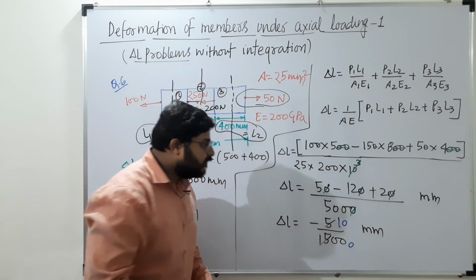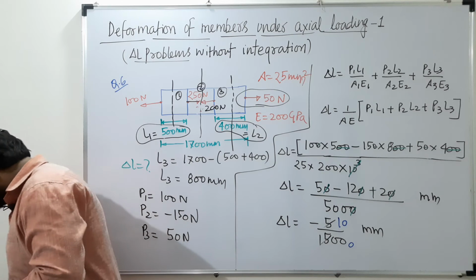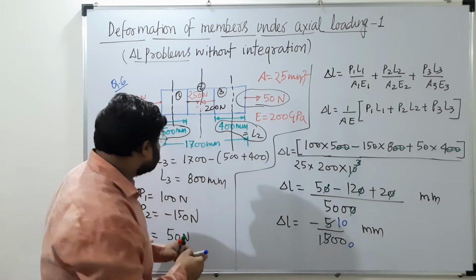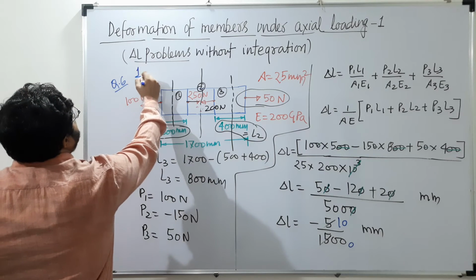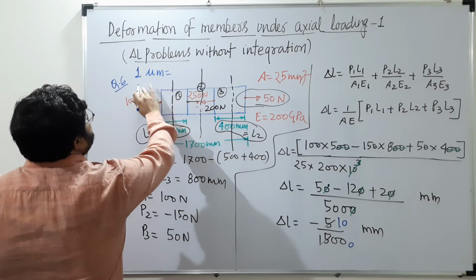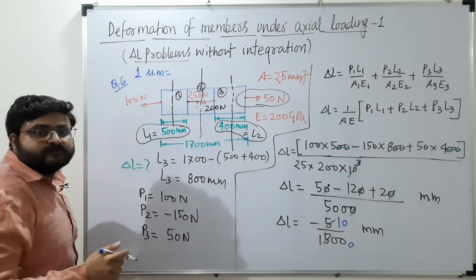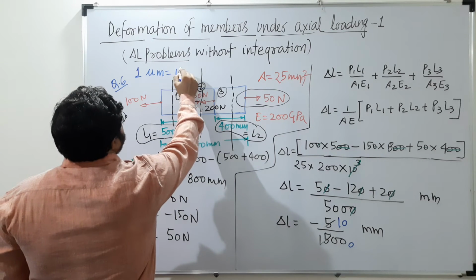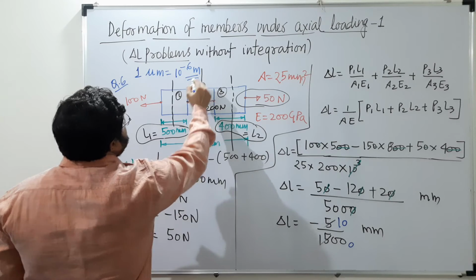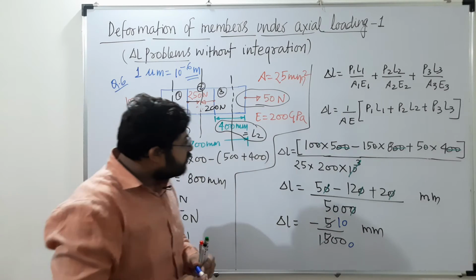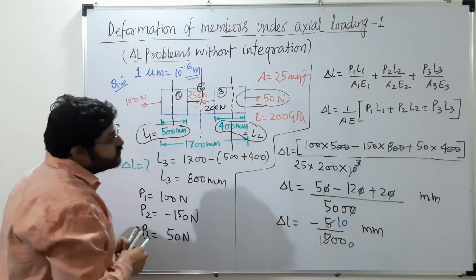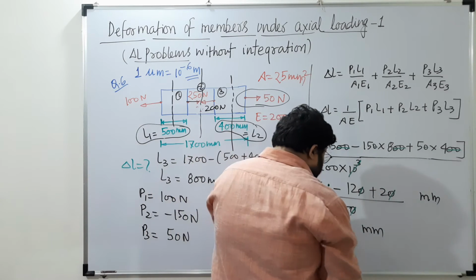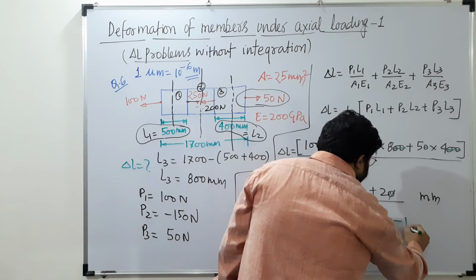Why am I doing so? Because in our options they have given the answer in micrometers. So we know that 1 micrometer is equal to how many meters? That will be 10 to the power minus 6 meters, right? So 1 millimeter is already 10 to the power minus 3 meter. Now look at this. This is minus 10.